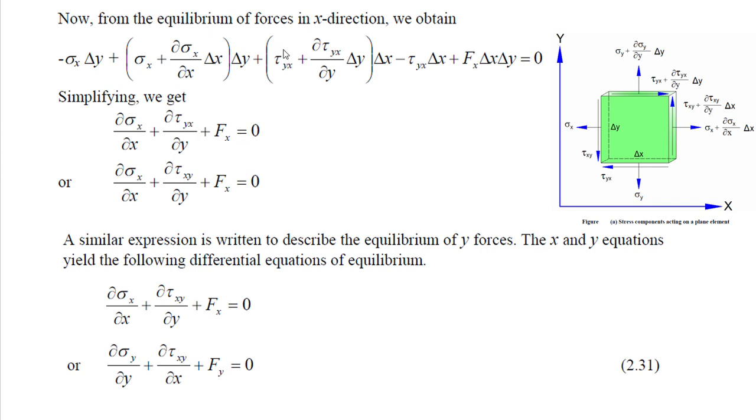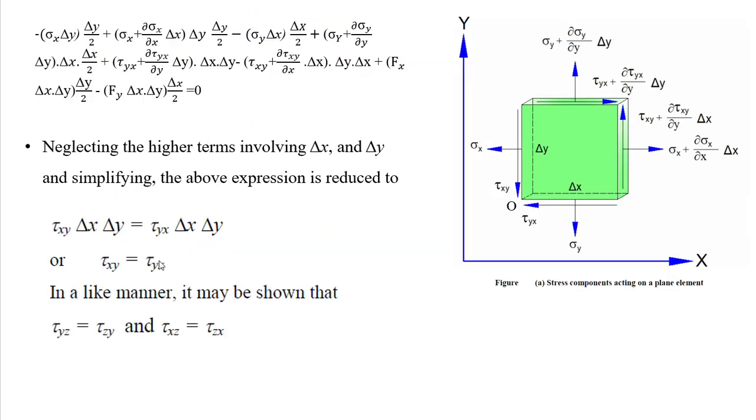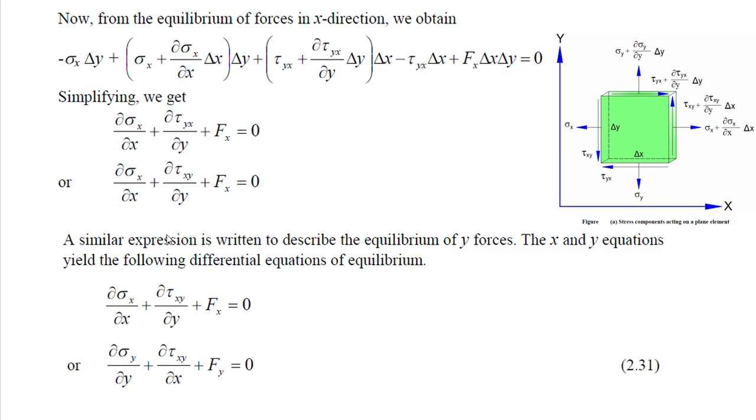And dou tau yx we can also write in terms of tau xy, as they have written here: dou sigma x by dou x plus dou tau xy by dou y plus f of x is equal to 0.